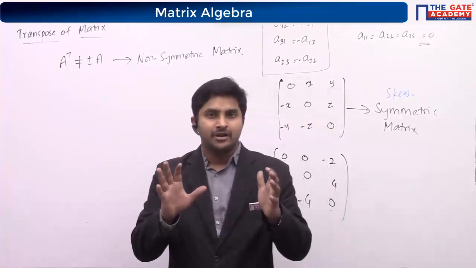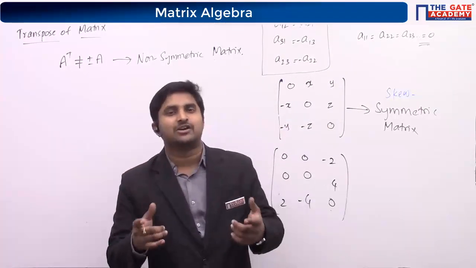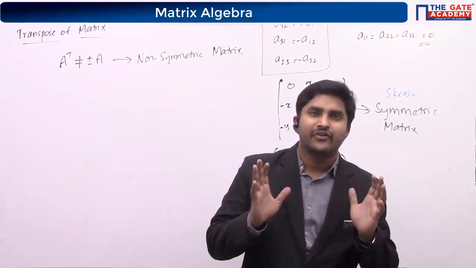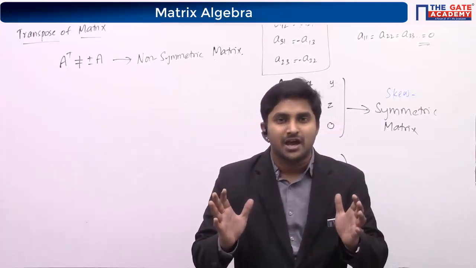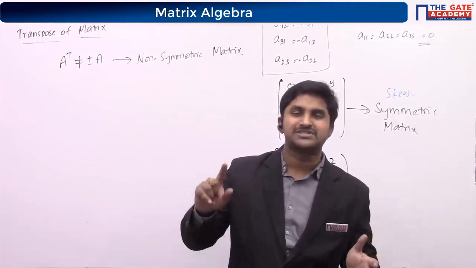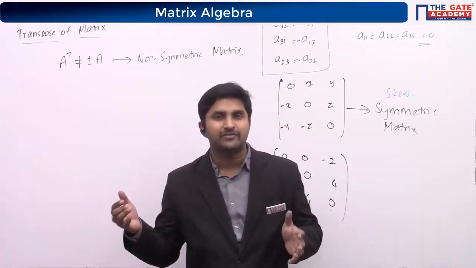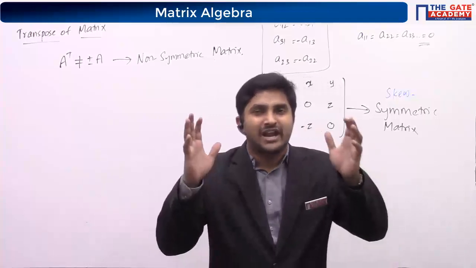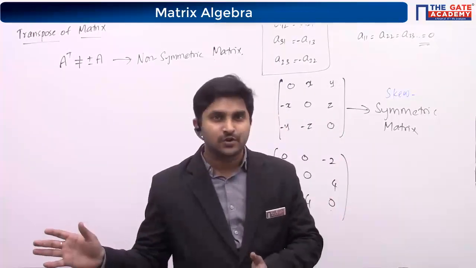And let me also tell you, after studying the concept of determinant, you will see that if we have a square matrix which is skew symmetric and of odd order, meaning 3 by 3, 5 by 5, 7 by 7, then directly the determinant is going to be equal to 0.